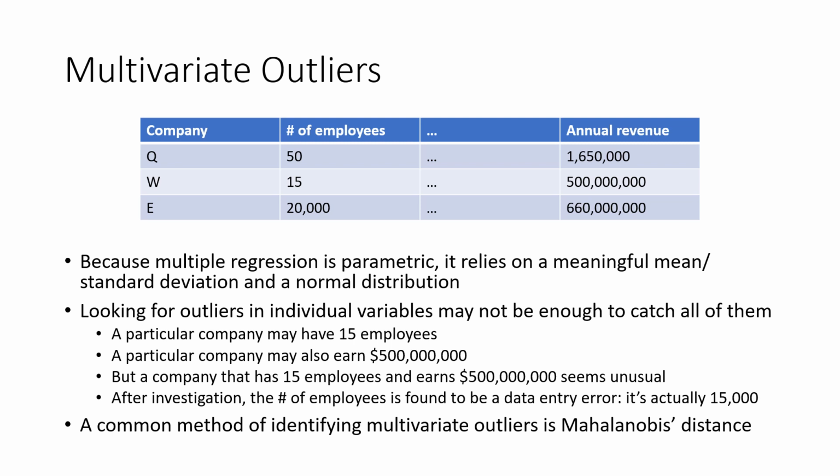So maybe there was a data entry error. One of the most common ways of identifying multivariate outliers is through a test called Mahalanobis's distance, which will identify potential multivariate outliers for you to double check before you run your analyses.